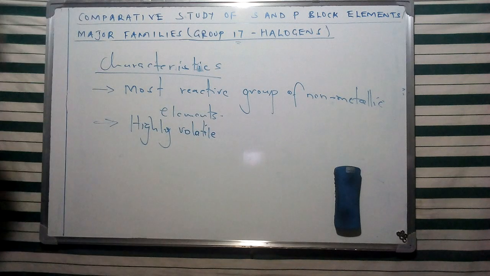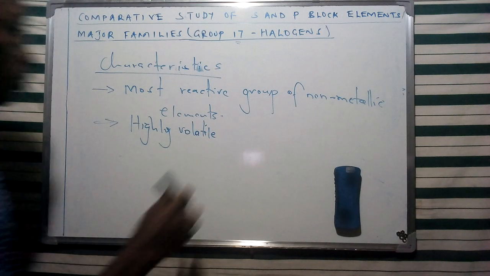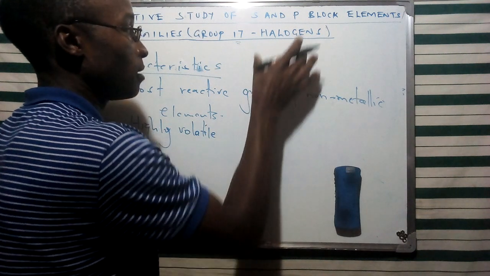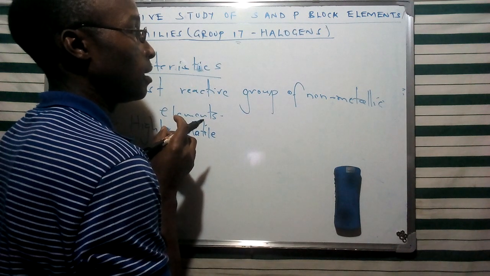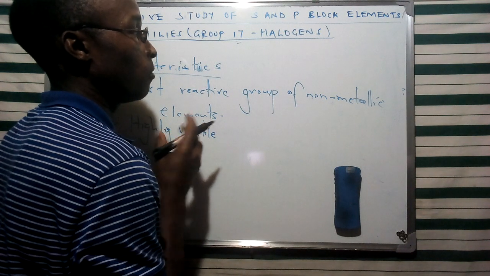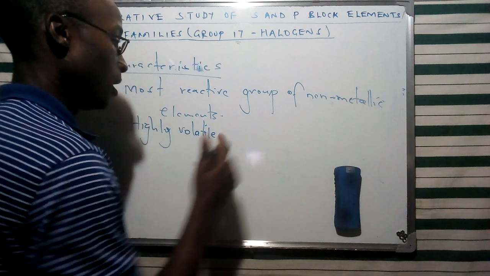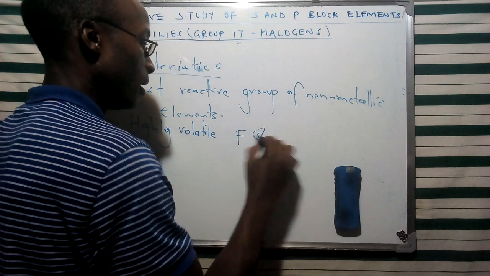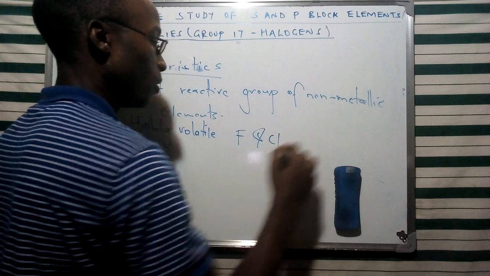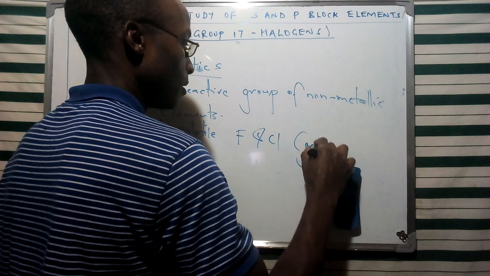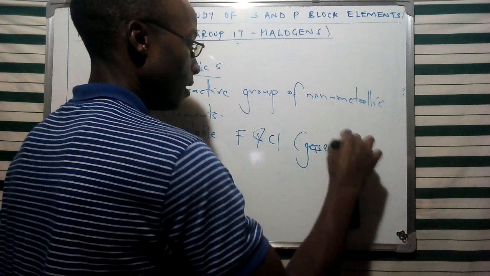And basically we're going to have these ones classified. Now apart from these ones being non-metals, we're going to see that they vary in their physical characteristics, in a sense that fluorine and chlorine, being members of these groups, are going to be gaseous at room temperature.